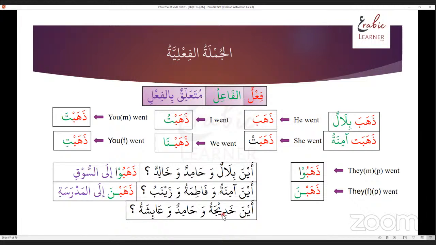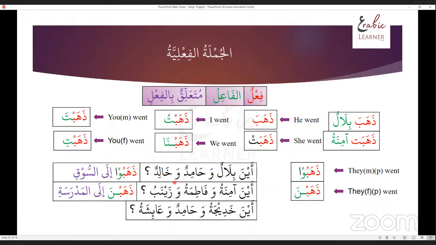Aina Khadijah, why dhahabtum? Dhahabtum means what? Sister Nahida, what is the meaning of dhahabtum? No, "they went" is not that.